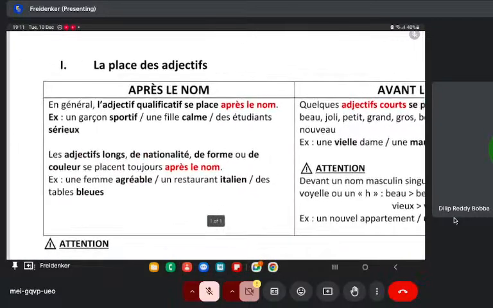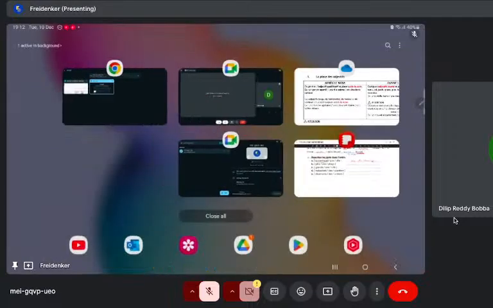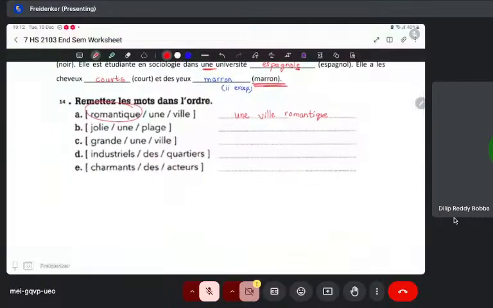So anyway, if they're talking about nationality or the color, usually this one. Let me tell you something. Usually the adjectives that come in the front follow this mnemonic.